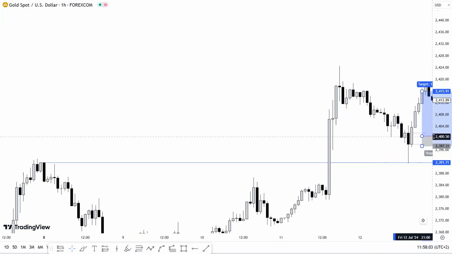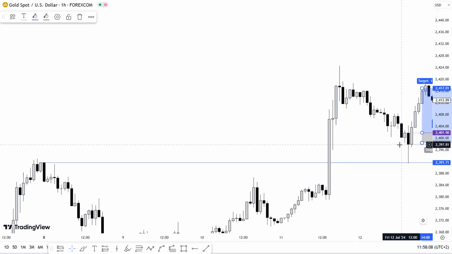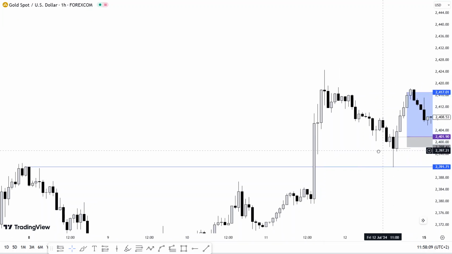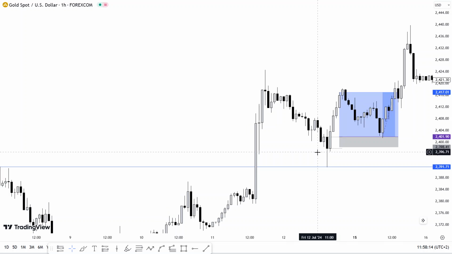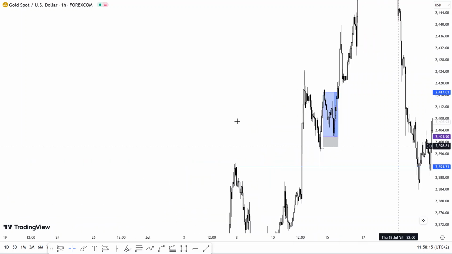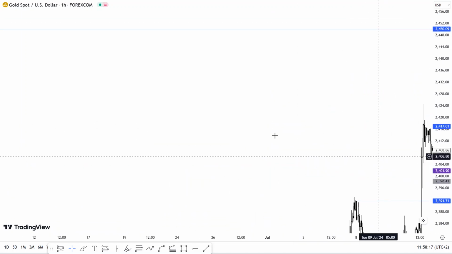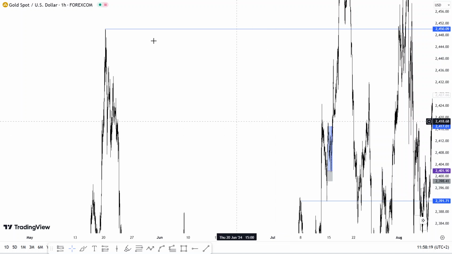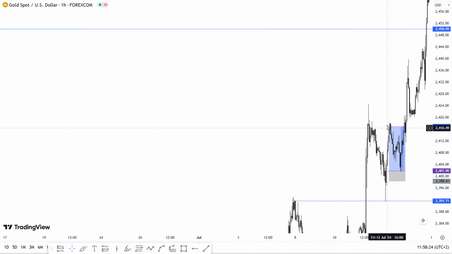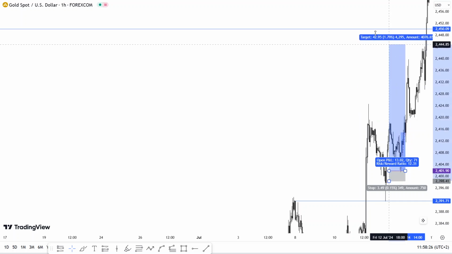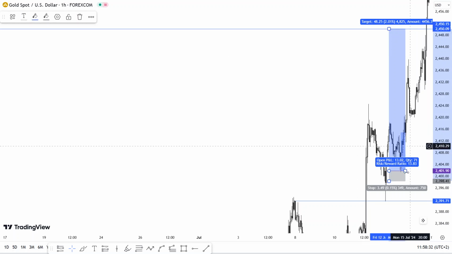So my first entry, depending on whether it works out, would be from that level, and then when price comes back, taps that area and then pushes higher. So where are we targeting right now? Targeting the previous highs. This is roughly around 500 pips, almost 500 pips.